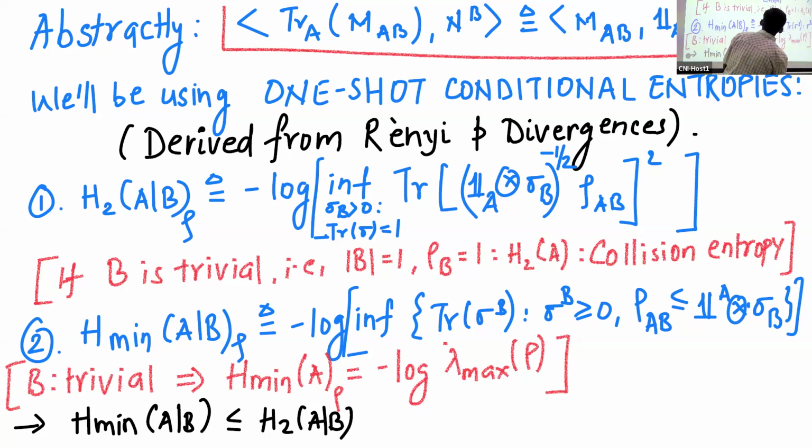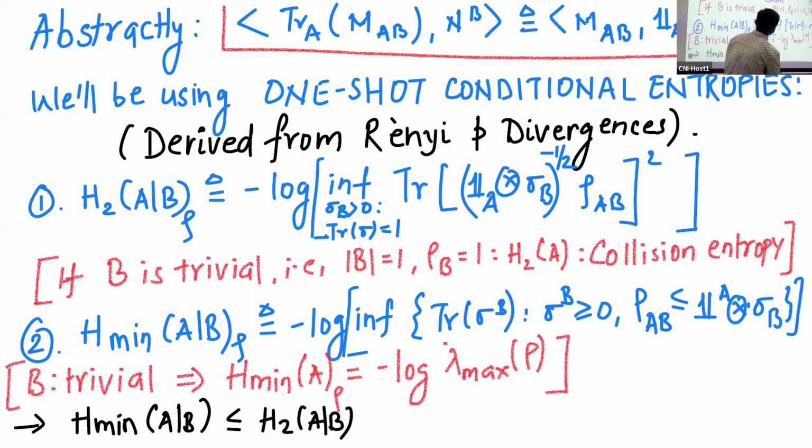A quick way to see this is that if I take B to be a trivial system, then this is nothing but the collision entropy, the probability that two random variables are equal. I'm not doing that exercise here, it will take a lot of time, but this is the generalization of the collision entropy to the quantum regime.